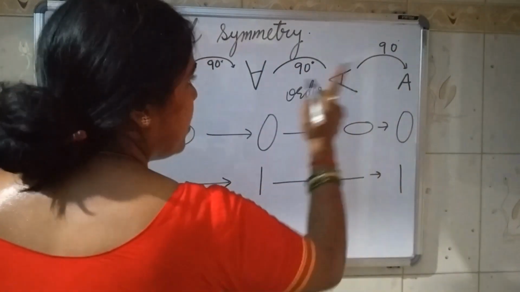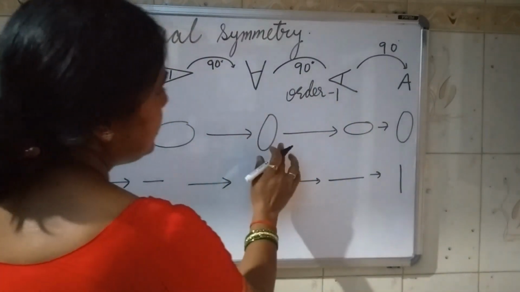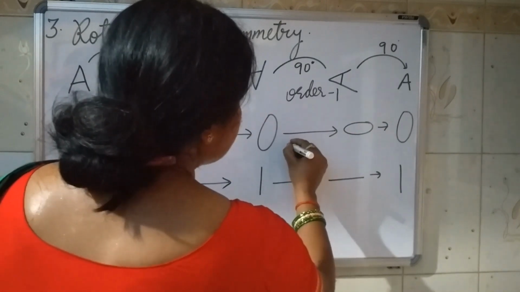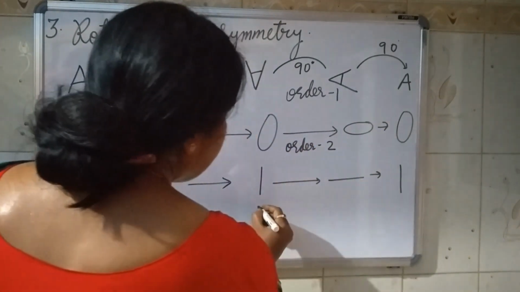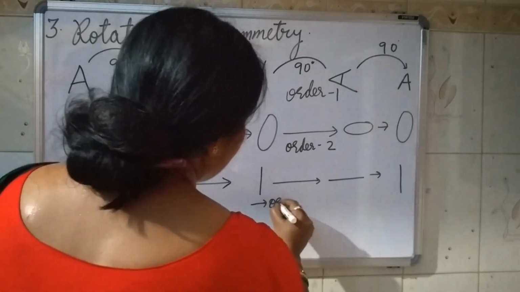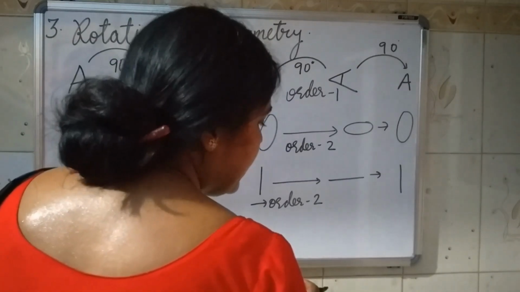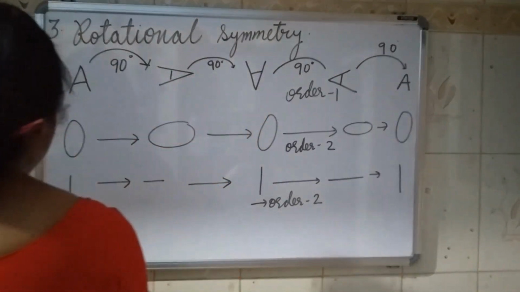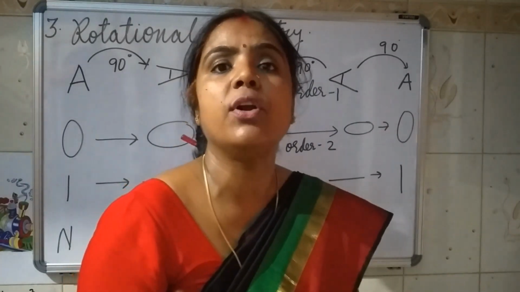It came 2 times in its original position, 1 and 2. So it has order 2. I came 2 times, so it has order 2. Similarly, we can take the alphabet N. It is also of order 2. S, it is also of order 2.